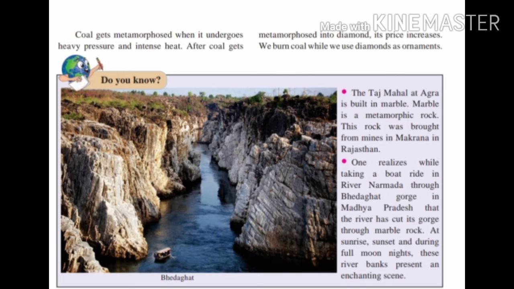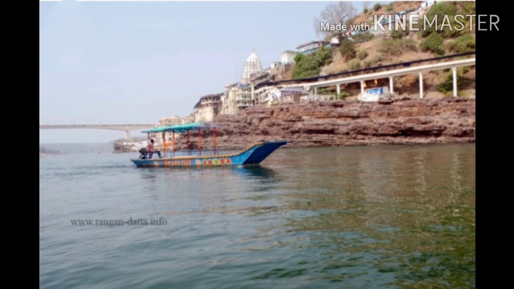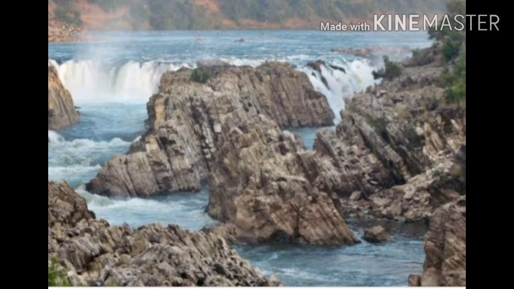While taking a boat ride on the river Narmada through Bheda Ghat Gorge in Madhya Pradesh, one realizes that the river has cut its gorge through marble rock. At sunrise, sunset, and during full moon nights, these river banks present an enchanting scene.